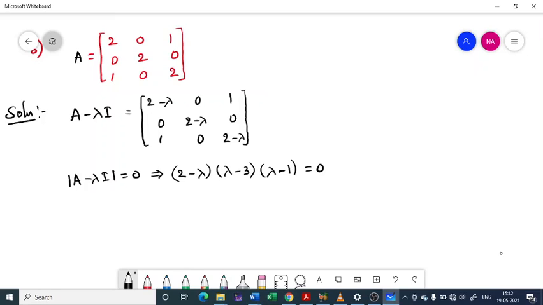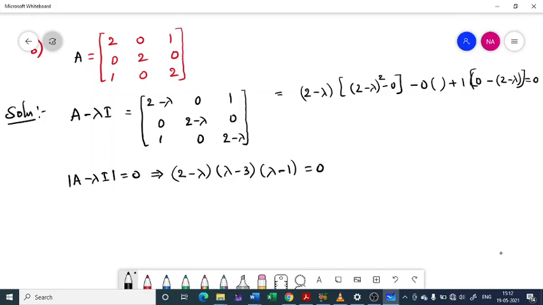You can simplify this in this way: 2 minus lambda times (2 minus lambda squared minus 0) plus 1 into (0 minus (2 minus lambda)) equal to 0.